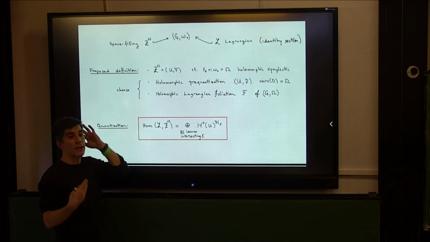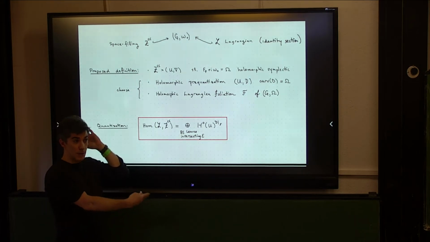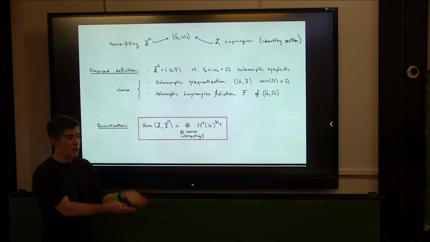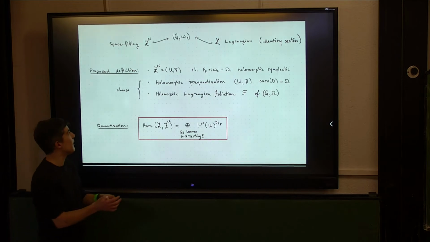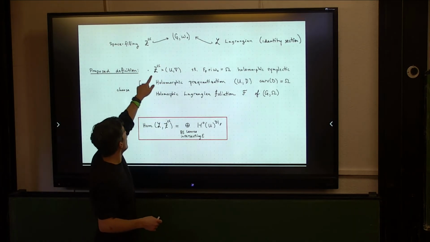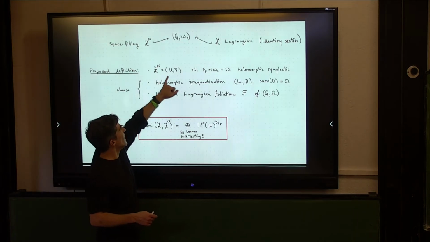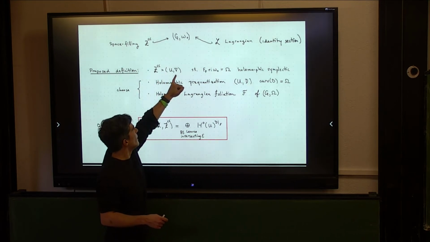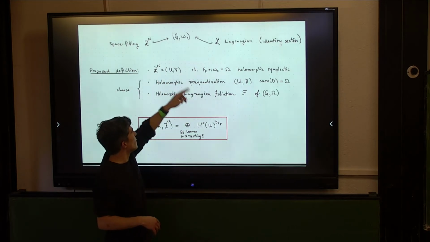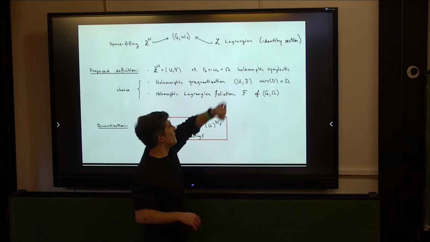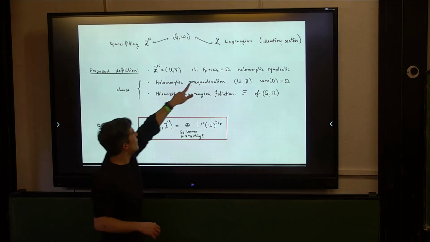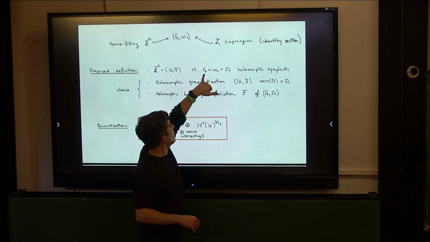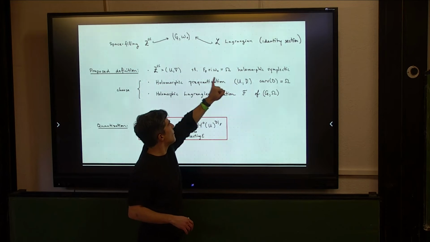We try to mimic what happens in real geometric quantization, and we upgrade it to holomorphic geometric quantization. We say that, okay, if you look at this space-filling brane, which is this unitary line bundle on the total space whose curvature is the real part of the holomorphic symplectic form, we want to pre-quantize not just this, but the entire thing.